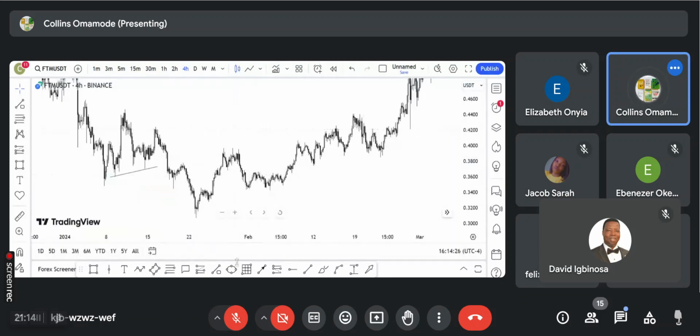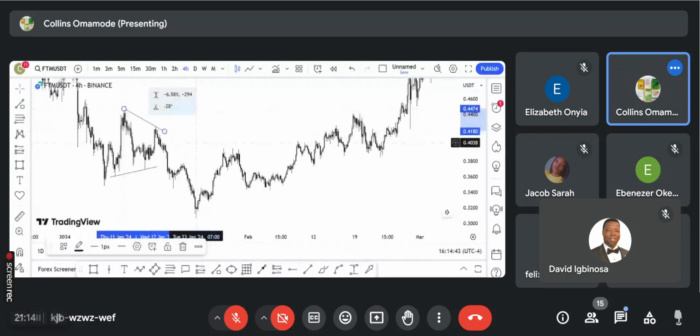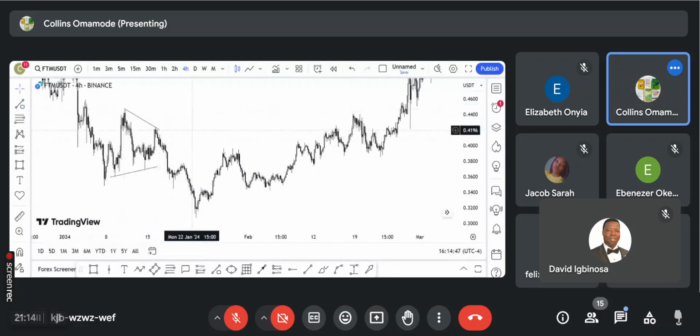We also had trend line here. Are you seeing it?